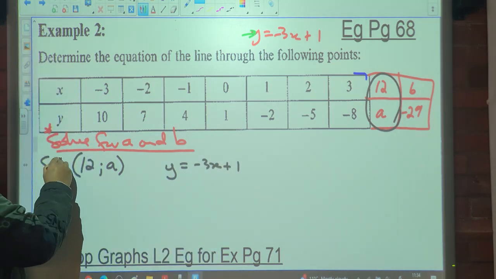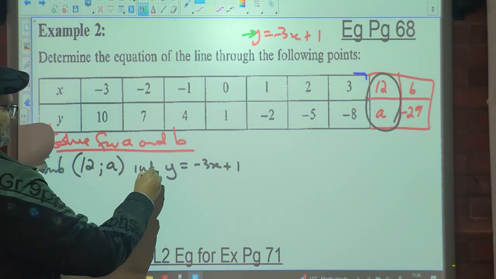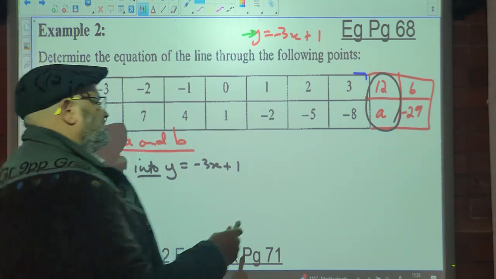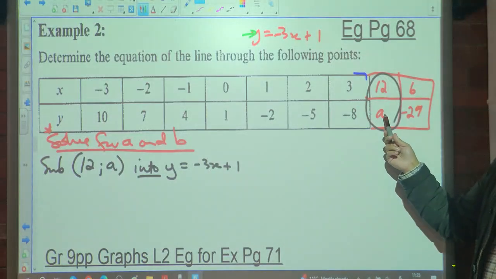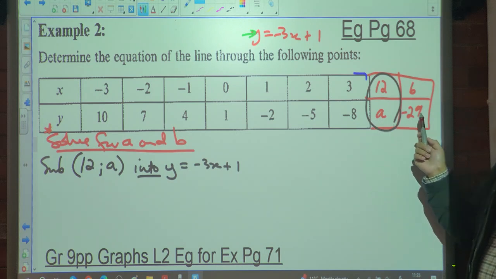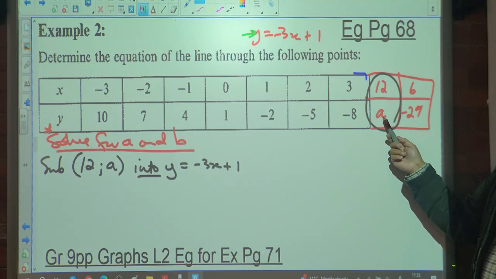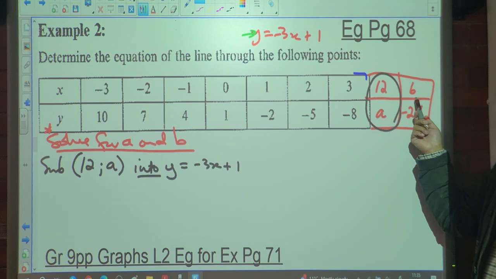So what we do is we substitute 12 and 8 into y is equal to minus 3x plus 1. And remember, if I substitute my x in, I'm going to get my y out. Can you see that, people? And here, if I substitute my y in, I must get my x out. You see that? And in this case, y is A. In this case, x is B.